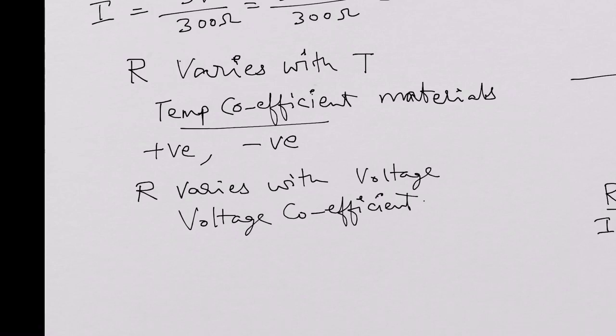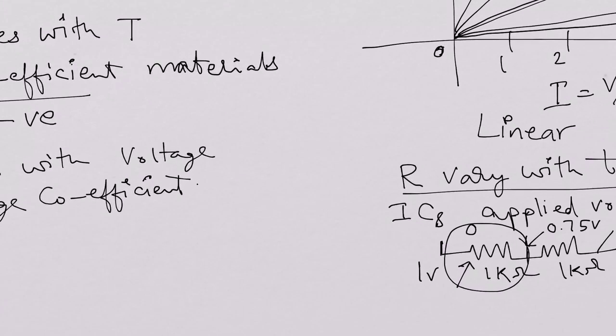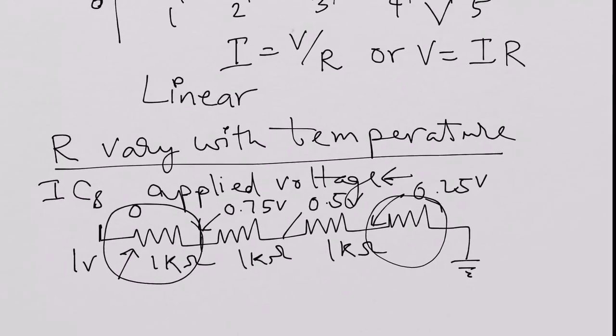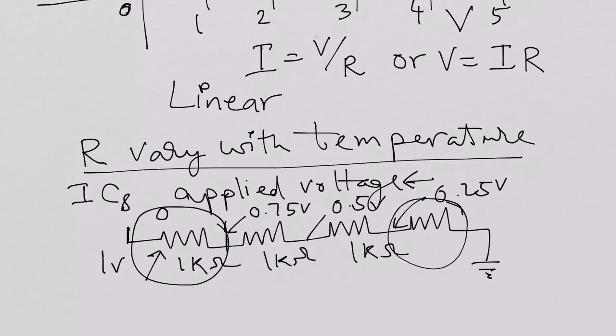That depends on where the resistor is placed. So the resistor between 0.25 volts and ground might show a slightly different resistance compared to the resistor placed between 1 volt and 0.75 volts.